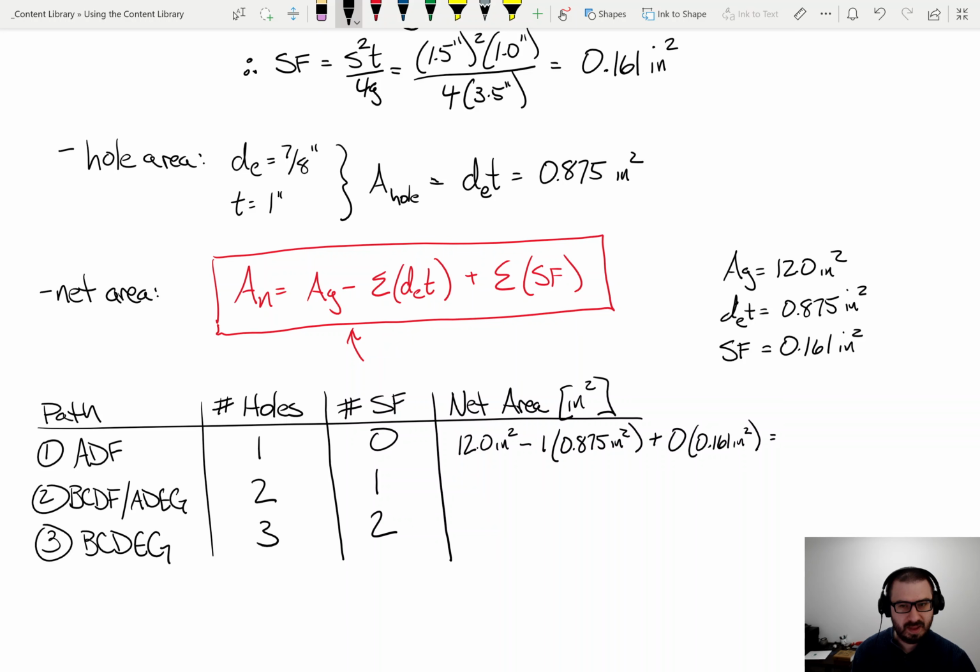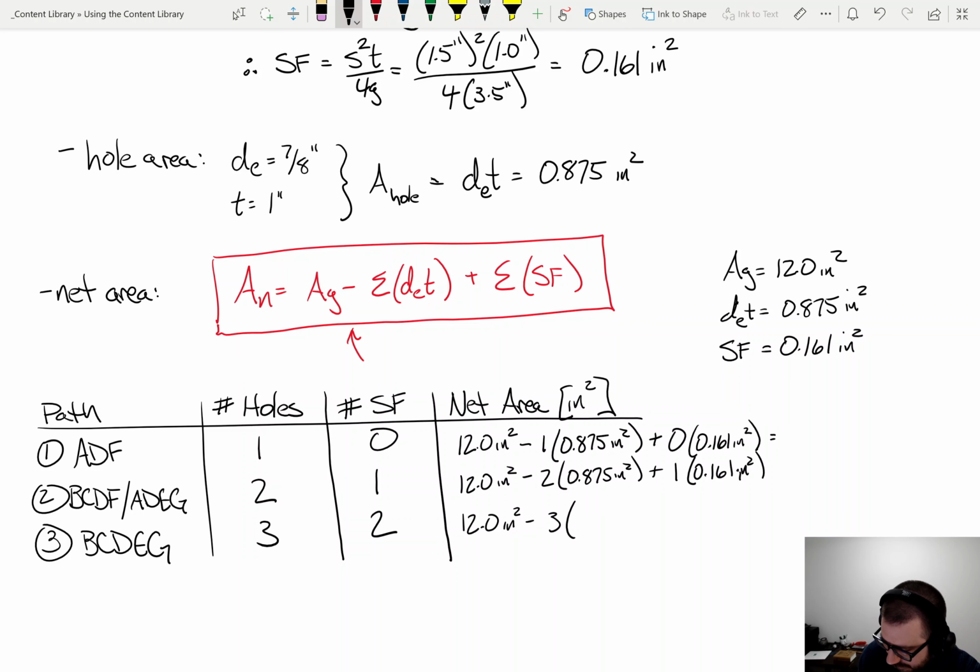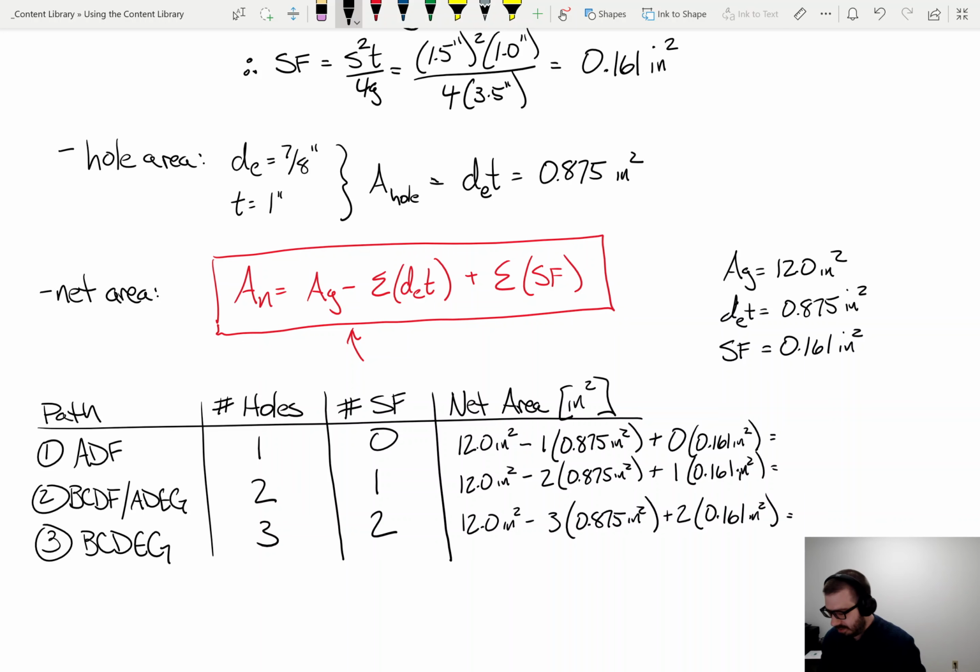And then the next one is 12.0 minus 2 holes, plus 1 stagger factor. 12 minus 3. And there we go.